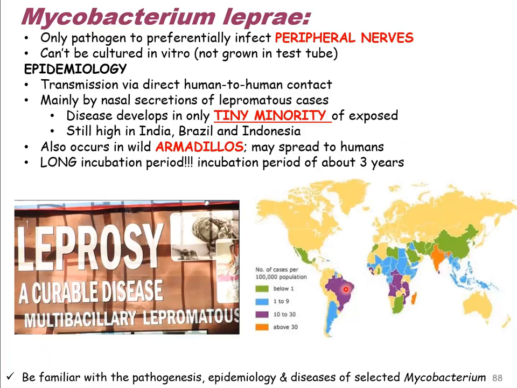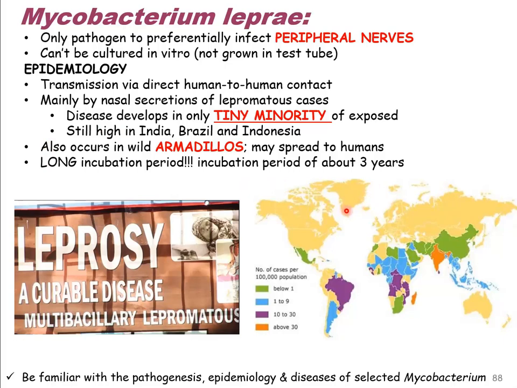It is, once again, still a huge problem in other parts of the world for the same reasons: poor sanitation, poor health overall, and people living in close quarters. Like I said, it's never going to go away. It is endemic in armadillos, and it can be spread to humans, and then through human-to-human contact. It has a very long incubation period, like I said, 3 years.